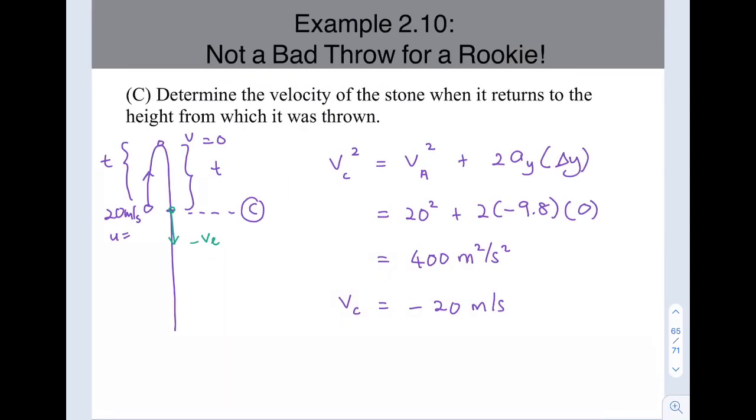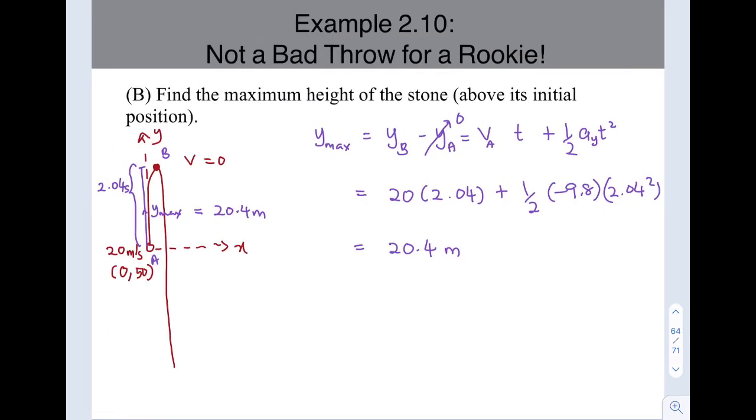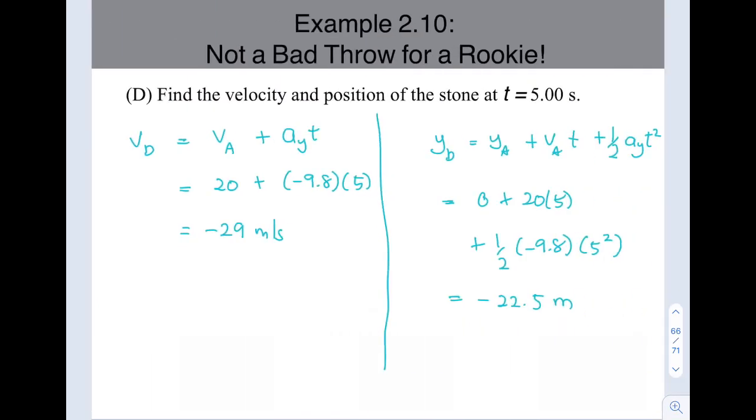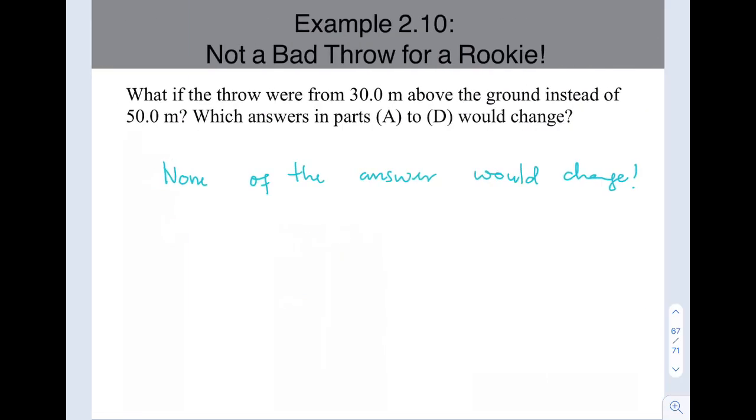Nothing, right? That is why from A until D, nothing is going to change. It's regardless of 30 meters, because the time is also 5 seconds above the ground within the flight.